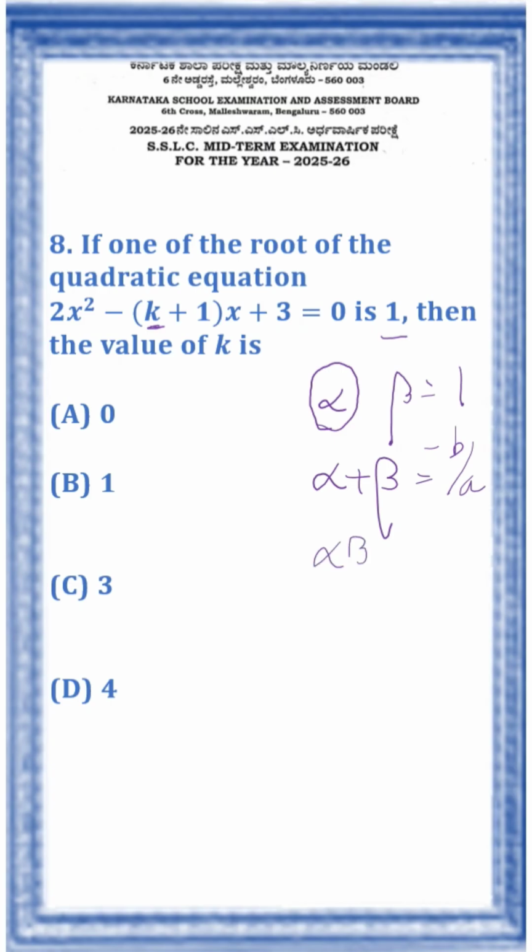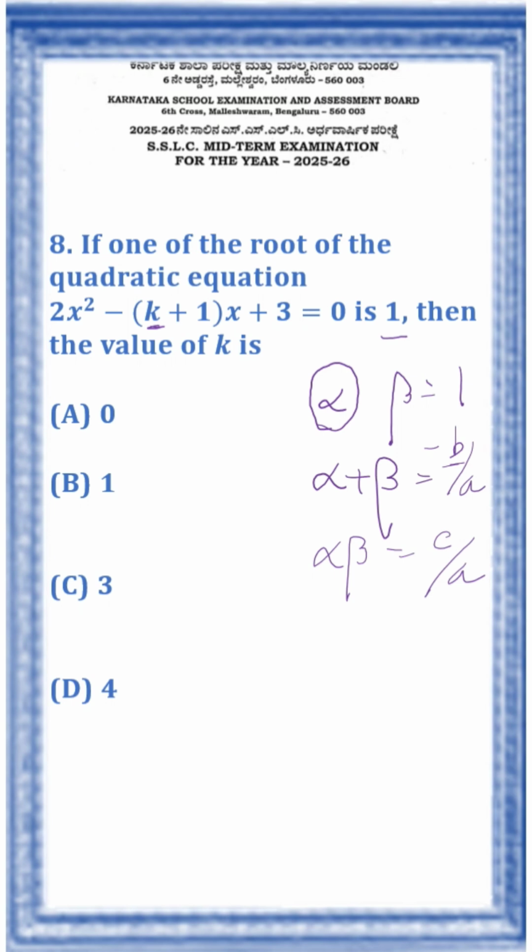Alpha into beta is equal to c by a. Here b is equal to negative of k plus 1. We have to find the value of k. Without knowing the value of alpha, we can't find it.